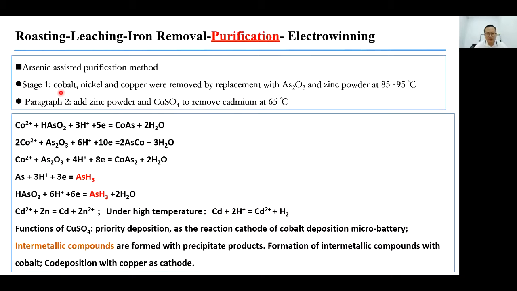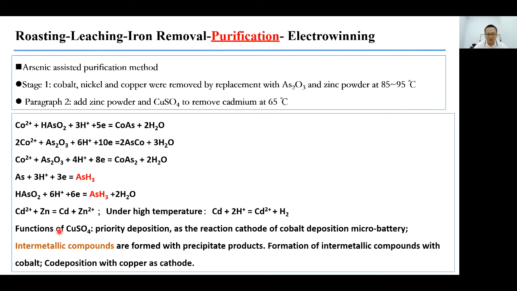So first, we are removing cobalt, nickel, and copper. And in the second stage, we are removing the cadmium at lower temperature. But as I have already talked about in my first course, arsenic is toxic. In this process, the formation of arsine is unavoidable.